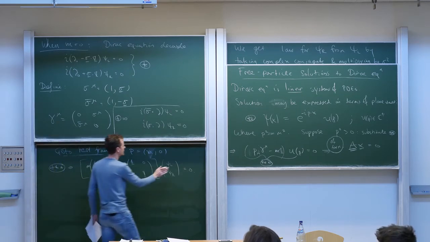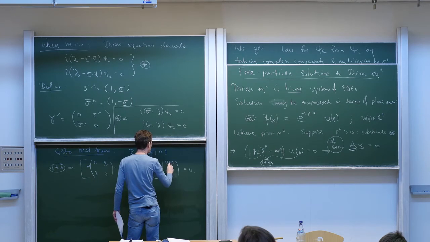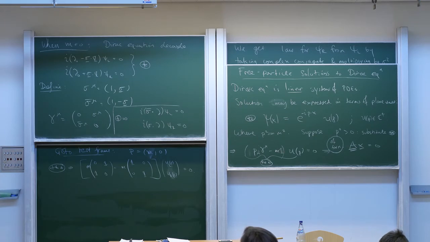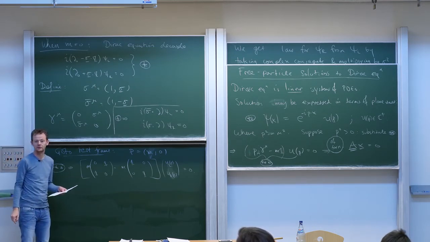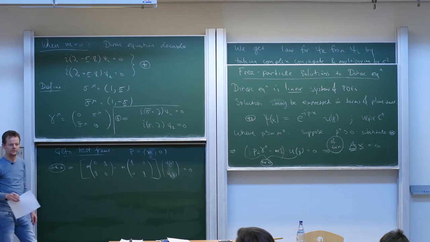Oops, sorry, we're calling it U, aren't we? Well, that equation couldn't be simpler. Well, it could be simpler, right? This could be the identity, then it would be super simple.